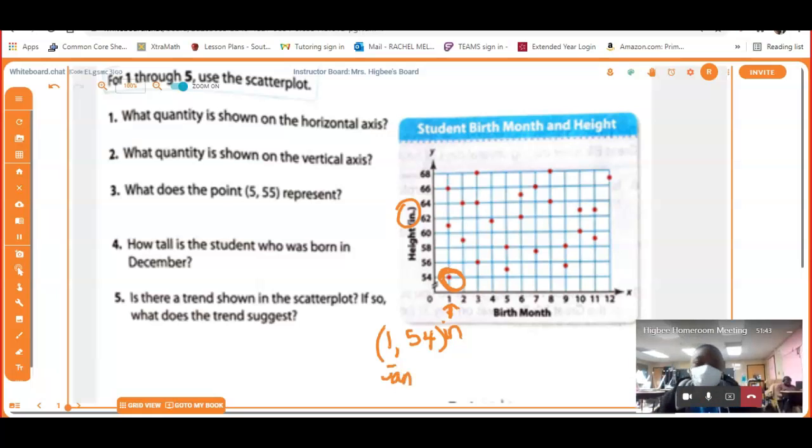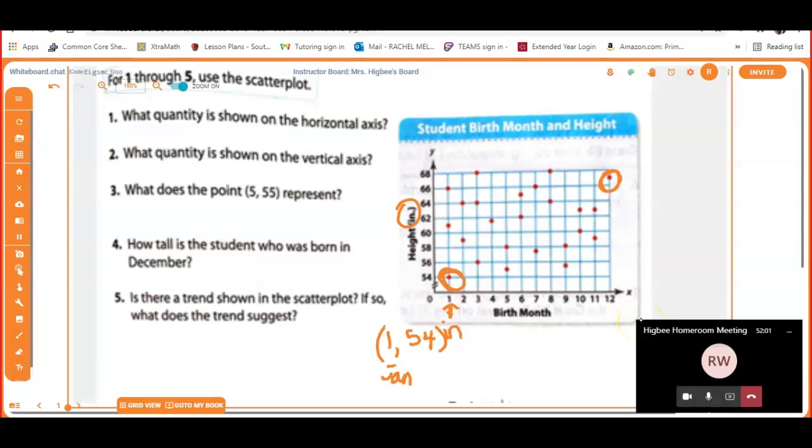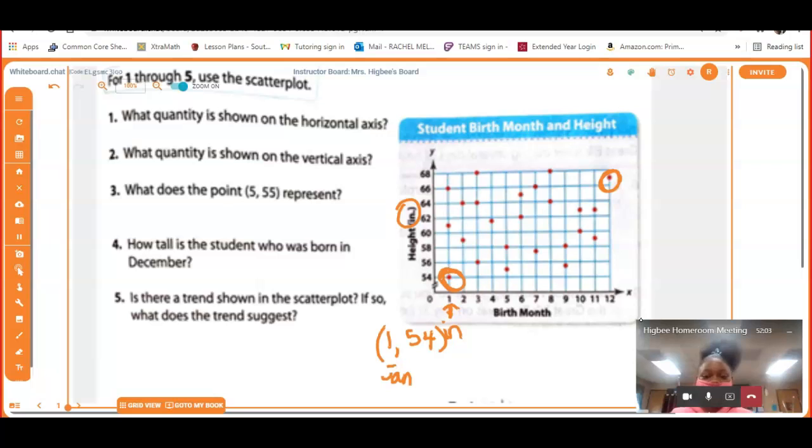January. So this dot means that this person was born in January and they're 54 inches. Then what does this dot right here represent? Born in December and they are 68. It's in the middle, so it's 67. The reason I'm asking is because they're going to ask you on number 3 about this one.